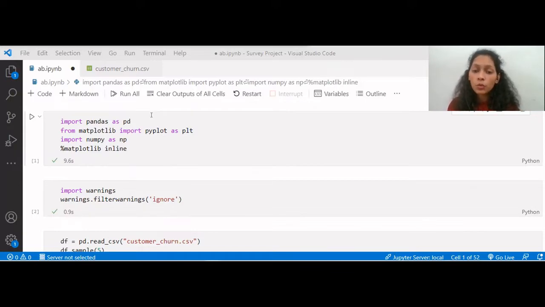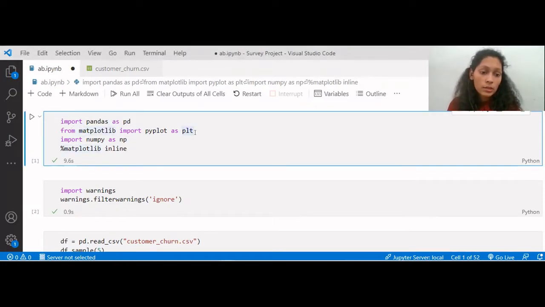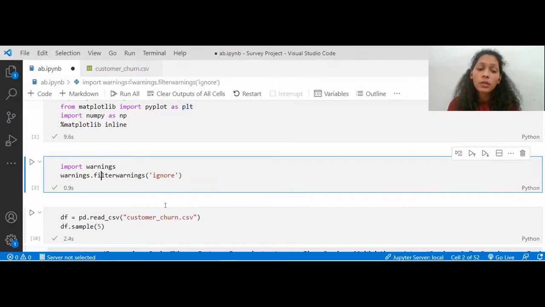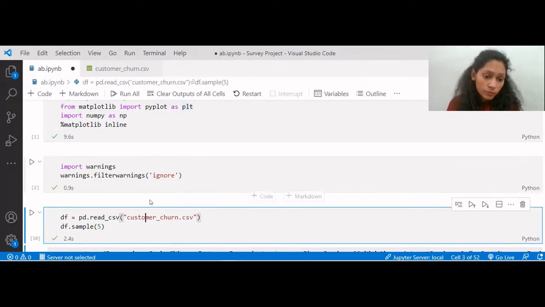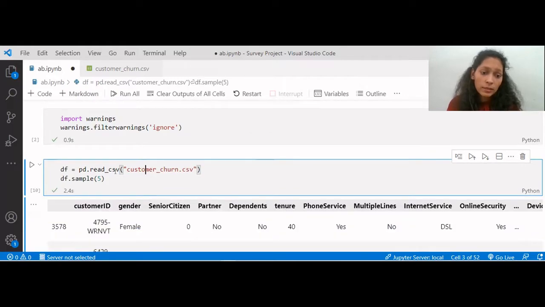I have written some code from before, and I will be implementing just the techniques. Let me show you the code first. I have imported some important Python libraries, and I'm working in a Jupyter Notebook on VS Code.